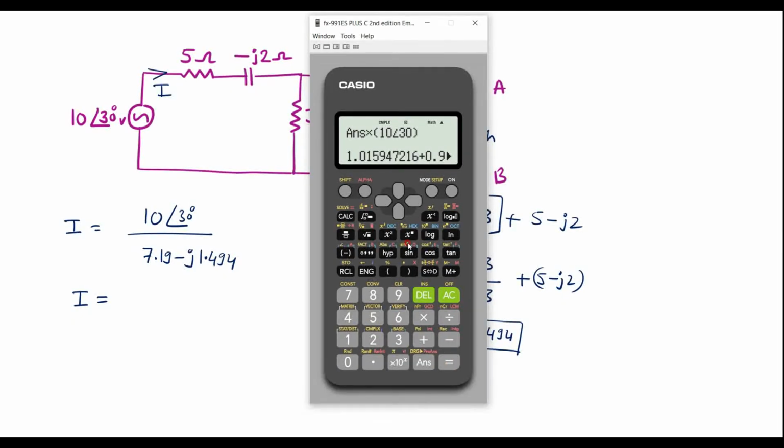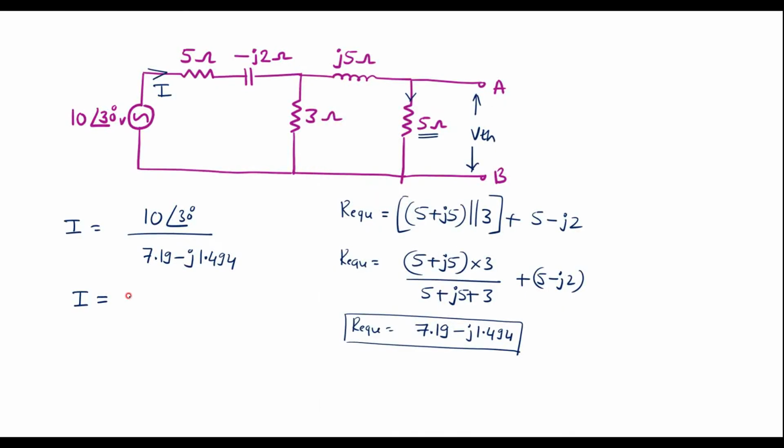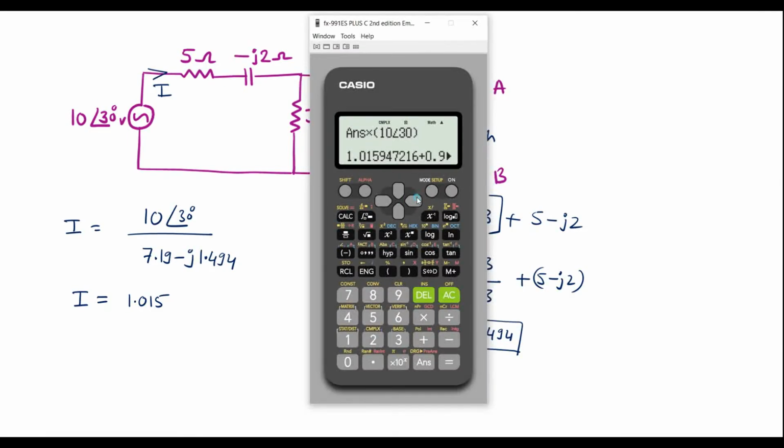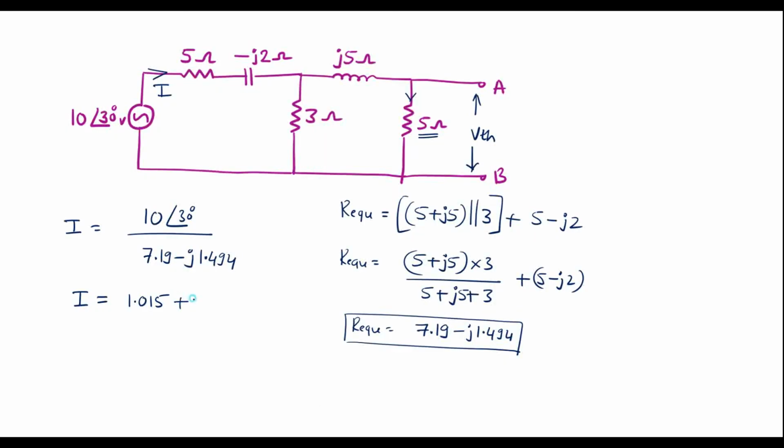So this is the final answer, which is the current, that is 1.015 plus 0.906J. So this is the total current in the circuit.